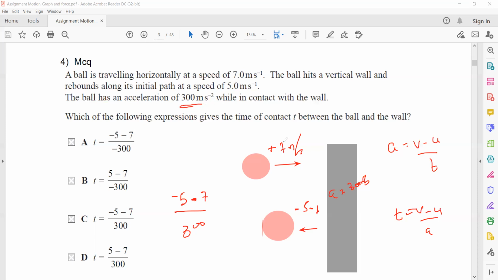As you can see, the value was plus 7, then it changes to 5, so the value decreases. So here it will be negative, or it will be deceleration. That's why it will be minus 300. So which option does it match with? It matches with option A. Is it clear?